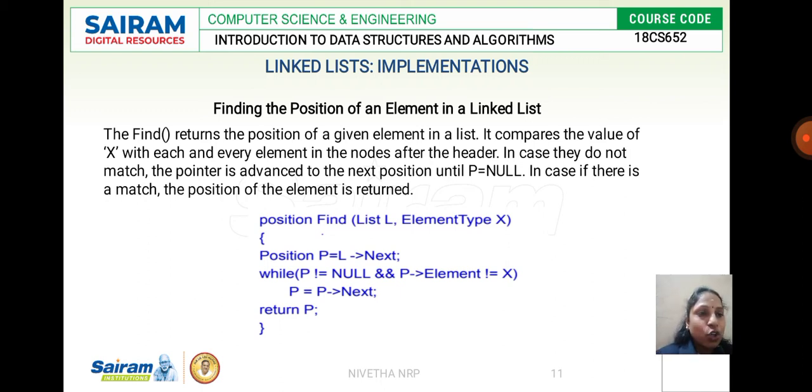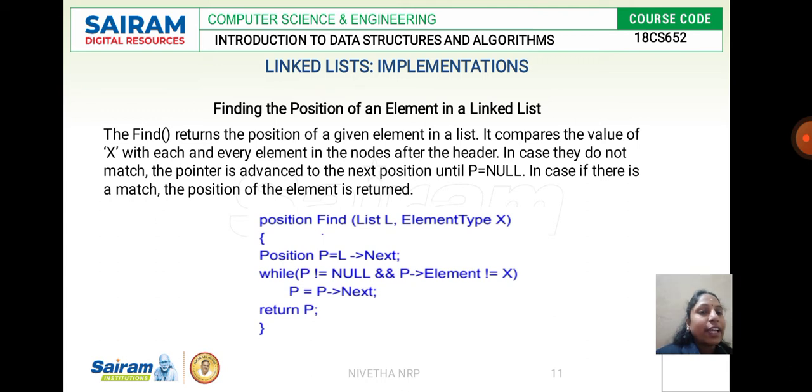First it will be the first node. When it checks whether you have the address of a next node that is not equal to null, obviously it specifies that there is a next element following it. And when that element is not equal to the element you are finding, then when both conditions are true, it increments your pointer position. From the first node, it goes to the second node, and it continues until this condition fails.